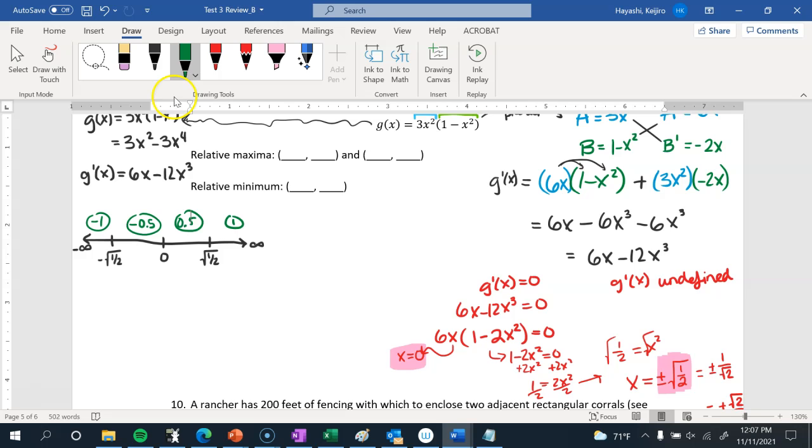Now, in order to do the first derivative test, you just plug these into g prime, which is right here.